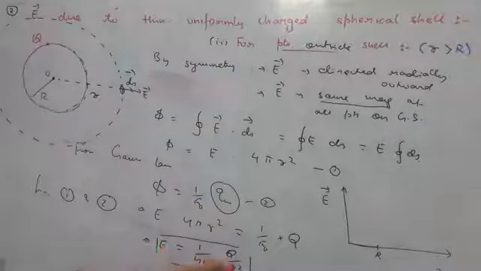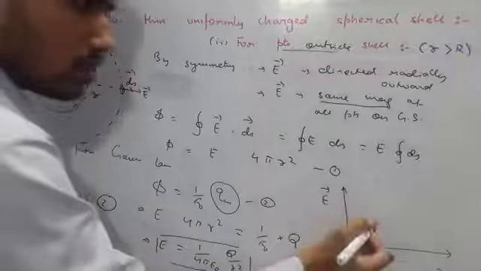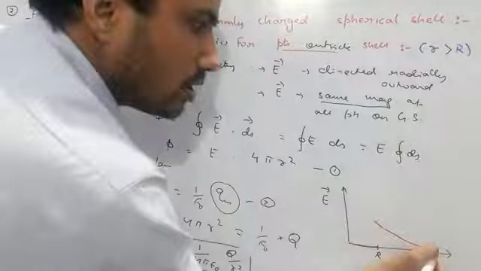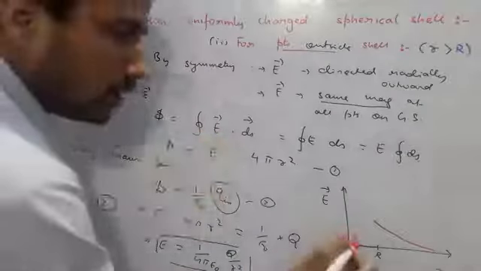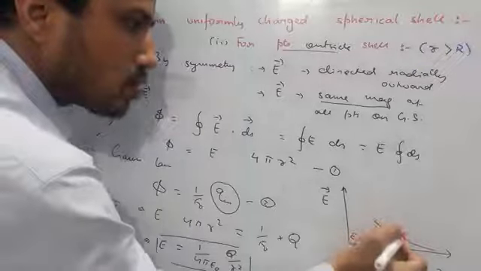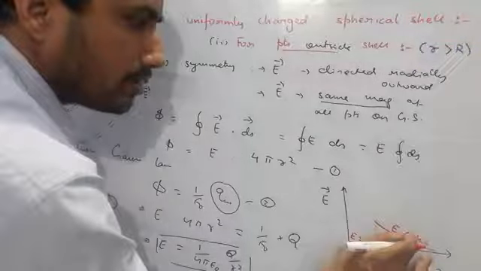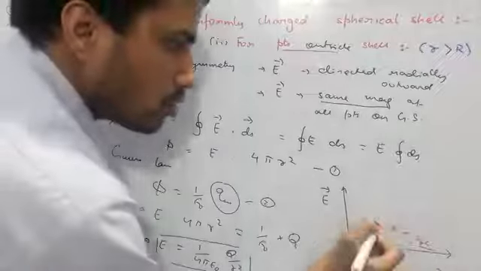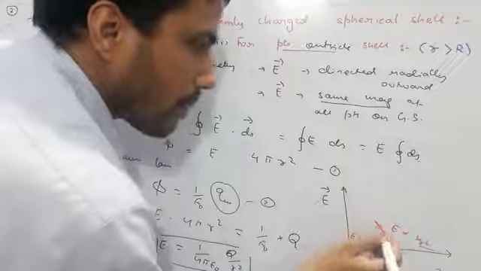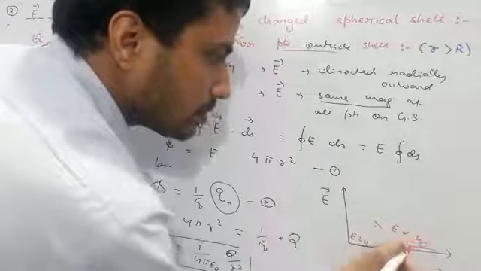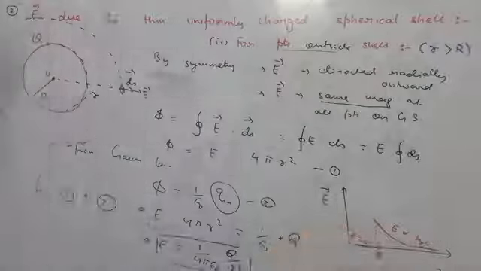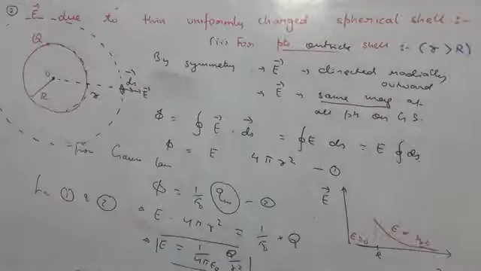It varies inversely with the square of distance. So it will follow the inverse square law like this. So here E was 0, and here E is proportional to 1 by r square. It should be steeper like this, and it will meet the axis at infinite separation.